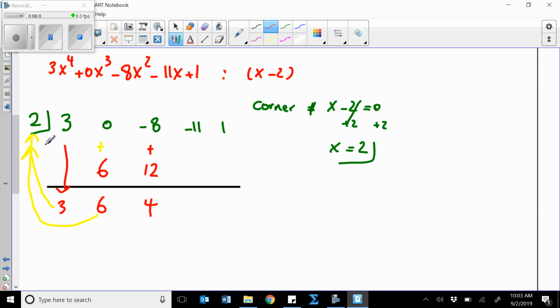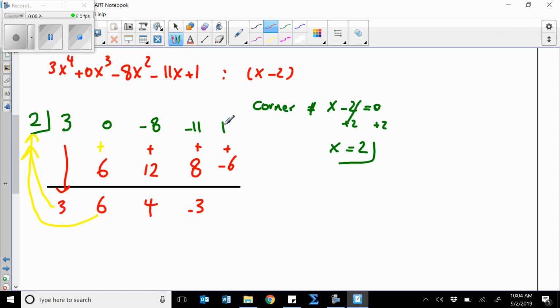We're going to repeat the same step again here. 4 times 2 is 8. So we write it down here. Then add it with the top number. Negative 11 and 8 is negative 3. Then negative 3 times 2 is negative 6.